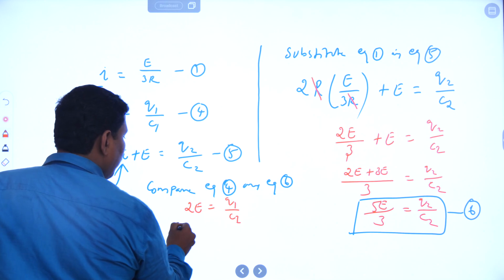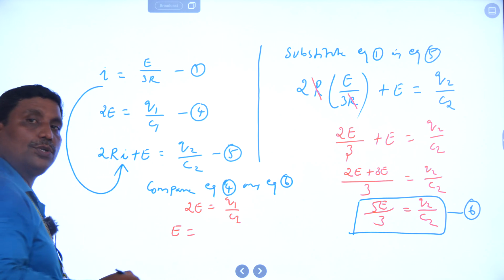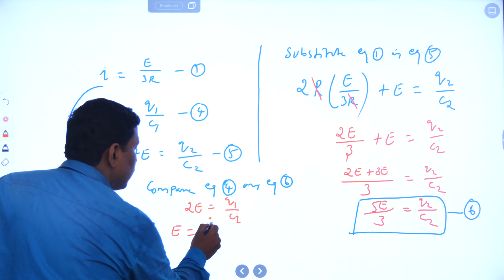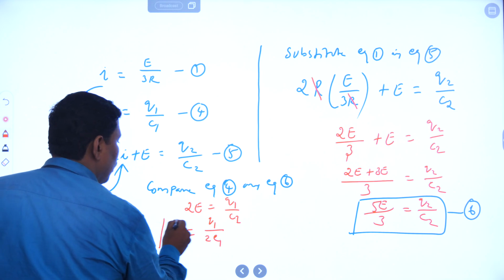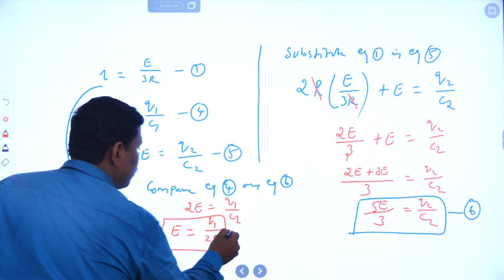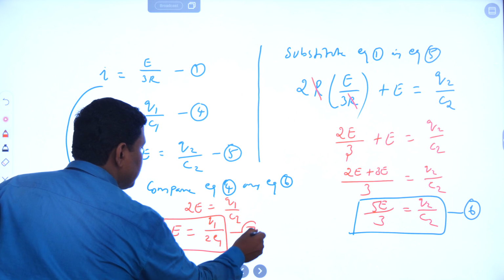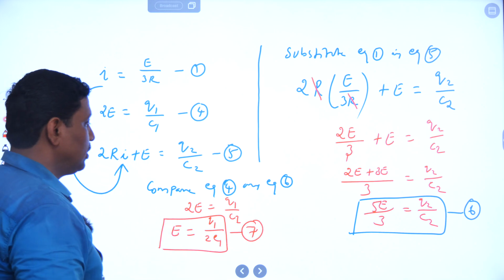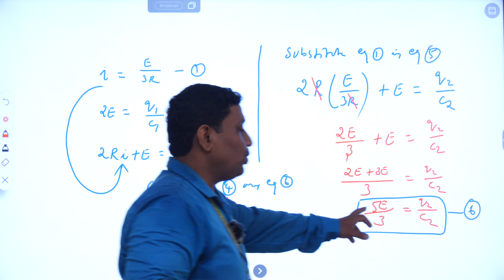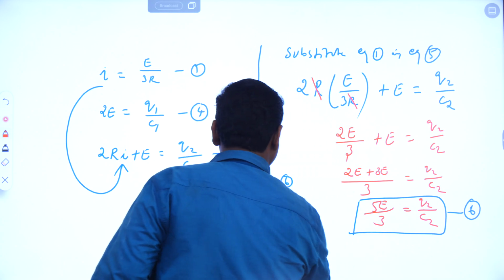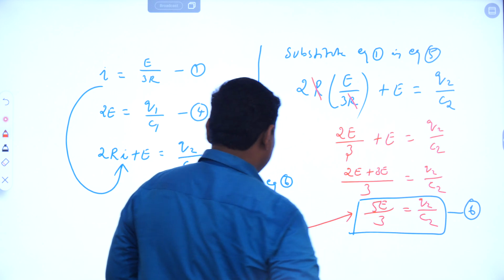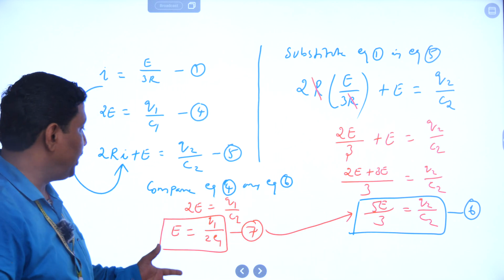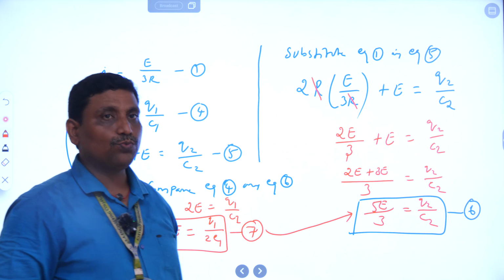From that, find what is E. E equal to Q1 divided by 2 times C1. We can consider this equation 7. Now substitute this value into equation number 6, then only we create the relation between C1 and C2.